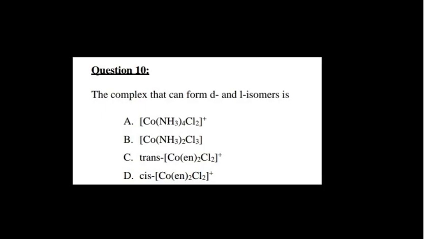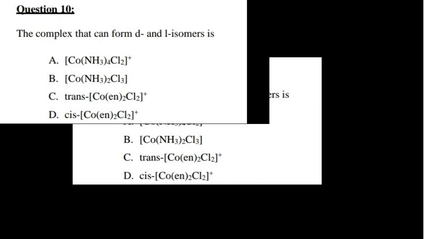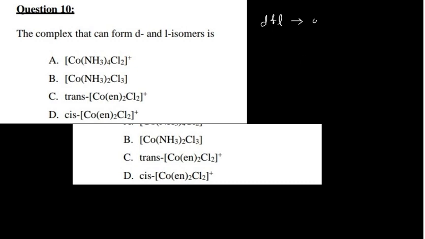The problem number 10 says, the complex that can form D and L isomers. So what is the meaning of D and L isomers? It simply means optical isomers. Now you can check which compound can show optical isomerism and which cannot.